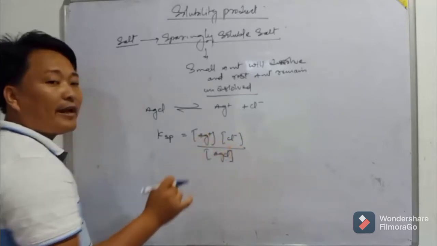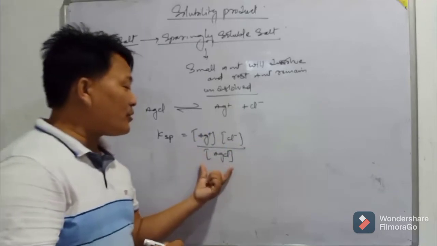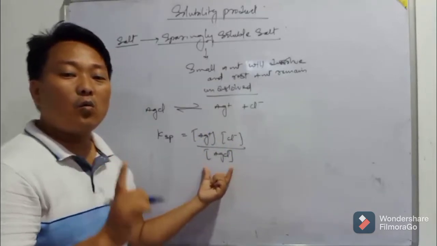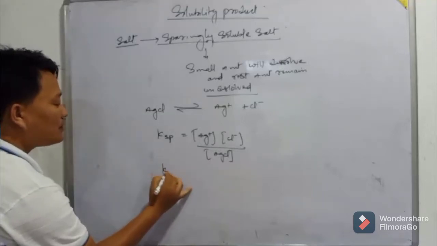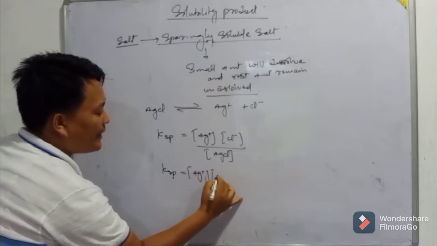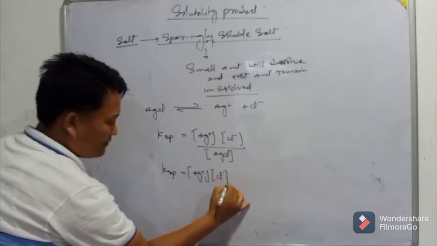And since we know that the concentration of a pure salt or pure metal, anything, will always be 1, therefore KSP is equal to [Ag plus][Cl minus].